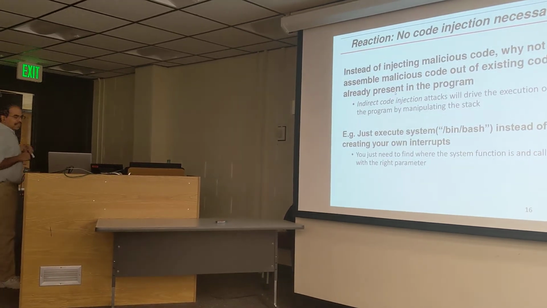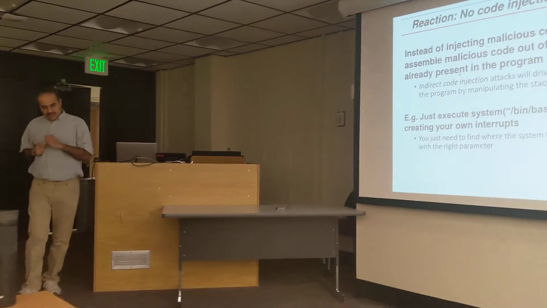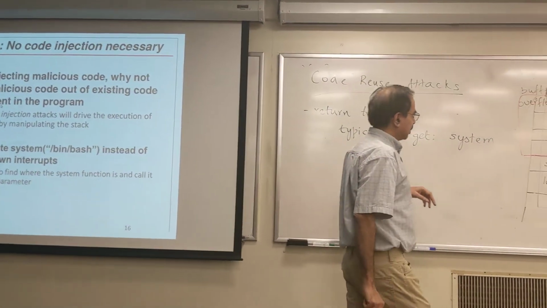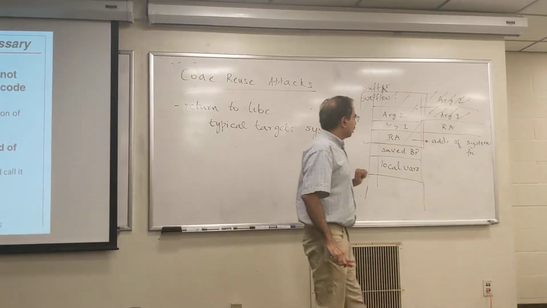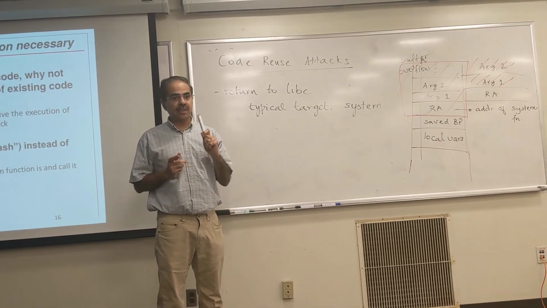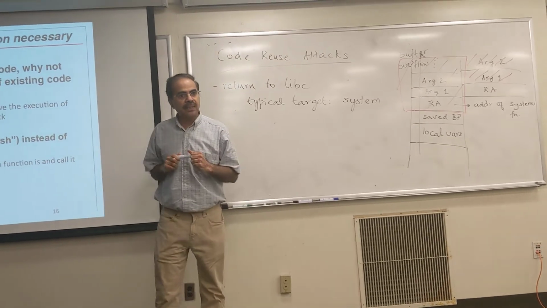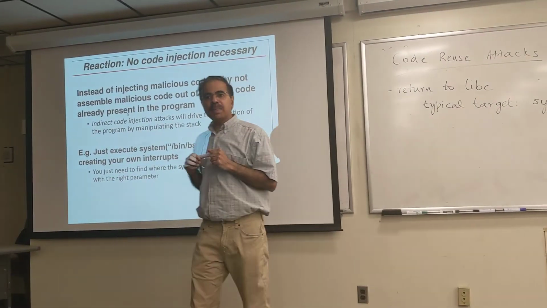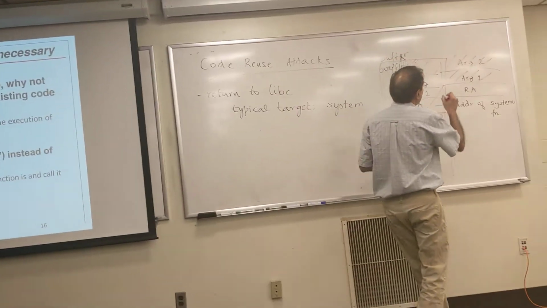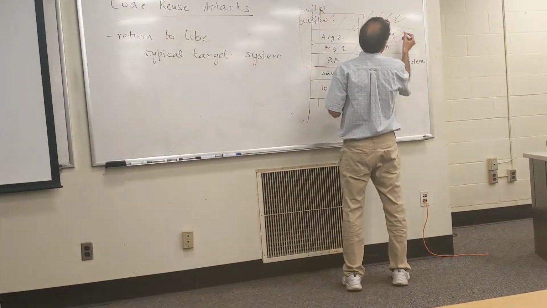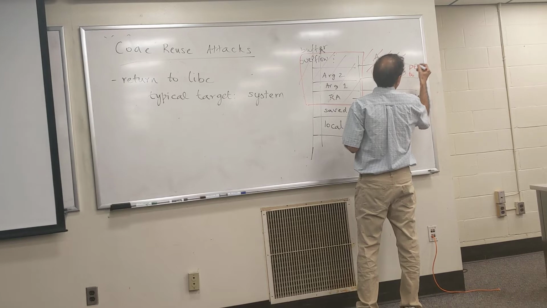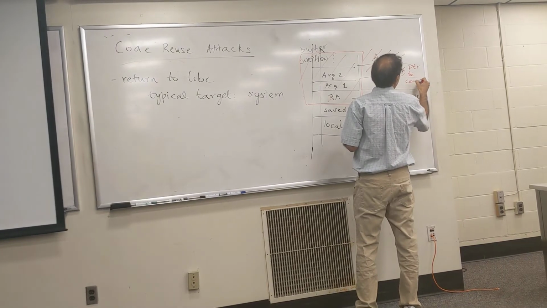Now, it's not that easy in many cases. For instance, even if it is the calling of a system function, the first argument to the system function is a string, right? And a string in C is passed as a pointer, right? So what the attacker needs to include here is a pointer to the command name, right?